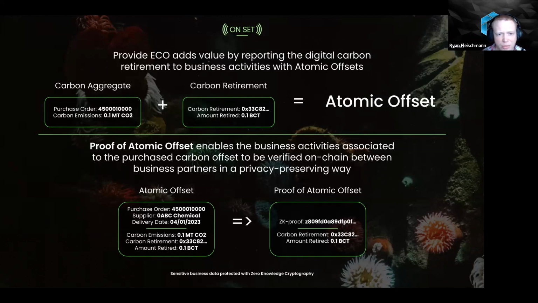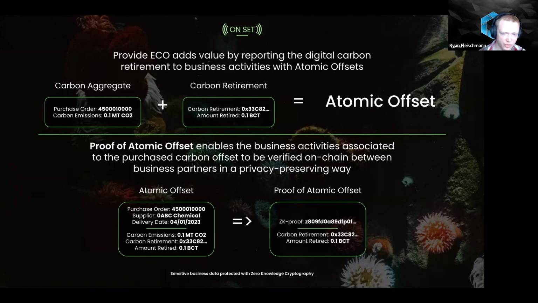And what we have as a unique specialty at Provide is doing something called zero knowledge cryptography. And this is an emerging area that many in crypto follow very closely. But what zero knowledge cryptography does is it lets you assert some statement is true without having to reveal the underlying data, right?